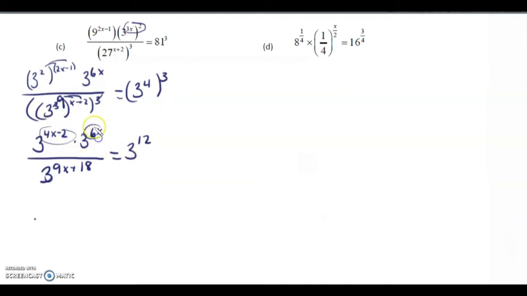Okay, so in the numerator here, I'm going to collect these because they're multiplied by one another, so I'm going to add them. Okay, so again, I'm not going to write it out this time. 6x plus 4x is 10x, and then minus 2. And everything else, I'm going to just rewrite.